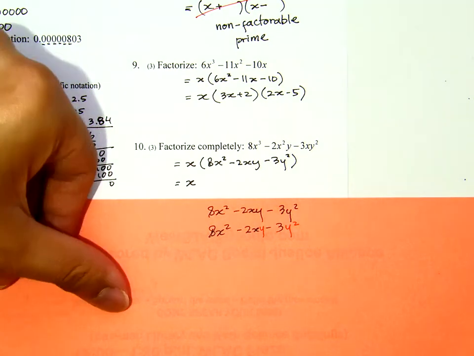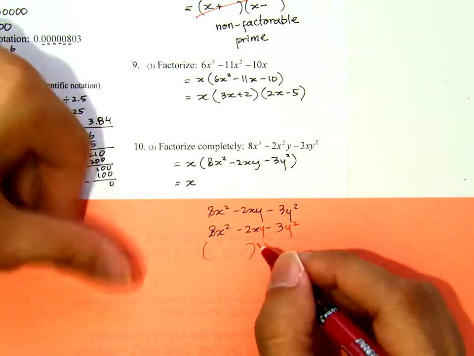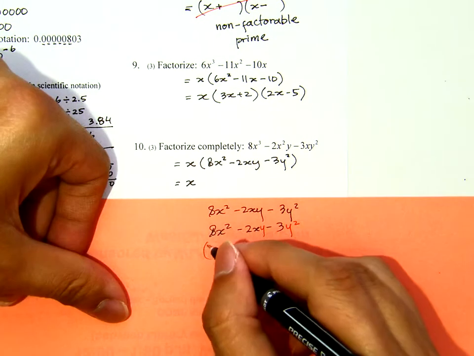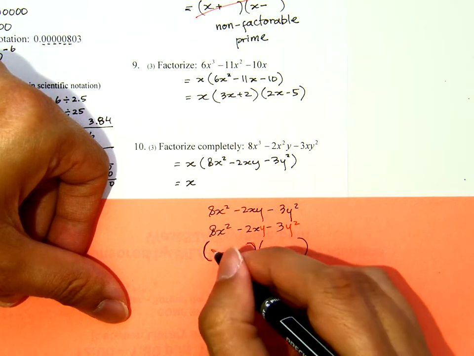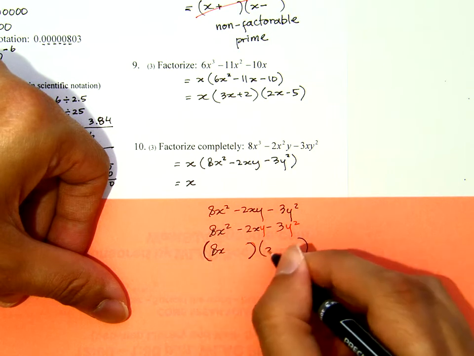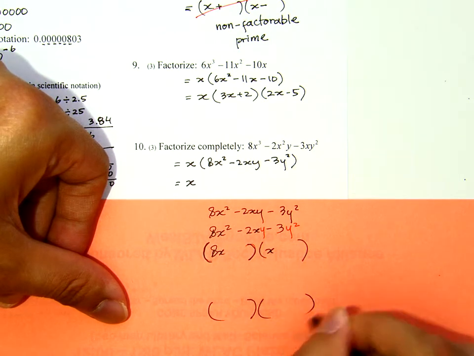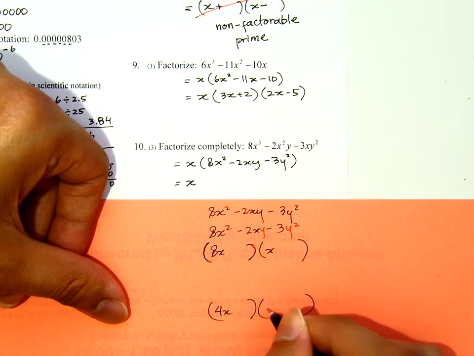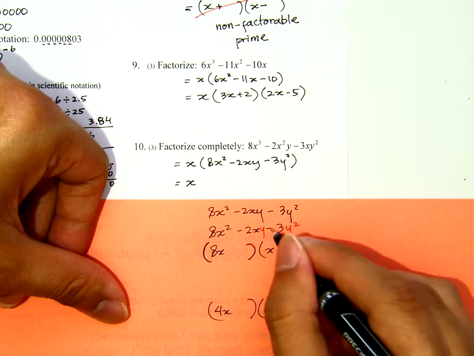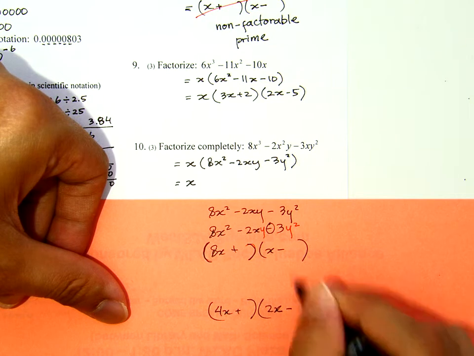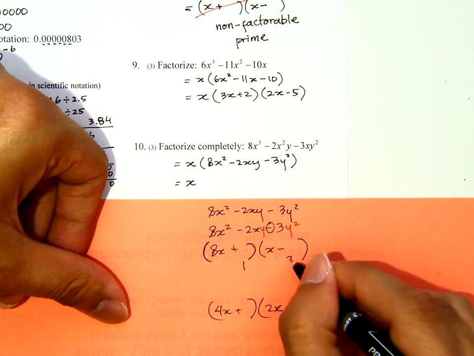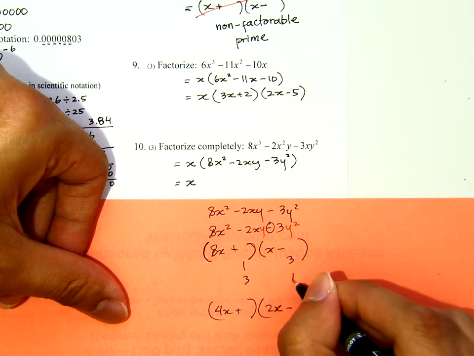Now then, for the 8x squared, it's either 8x and x or 4x and 2x. The signs will be different. And for the 3, it's either 1, 3, 3, 1.